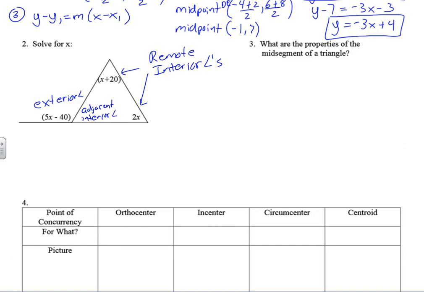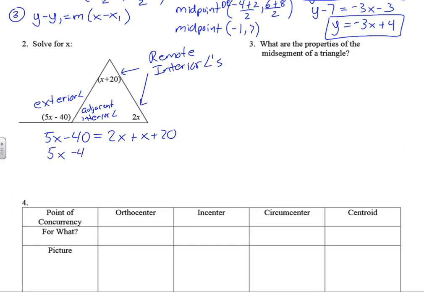The exterior angle theorem for triangles says that 5x minus 40 equals the sum of the two remote interior angles. So it's going to equal 2x plus x plus 20. We want to see that the exterior angle equals the sum of the two remote interior angles.